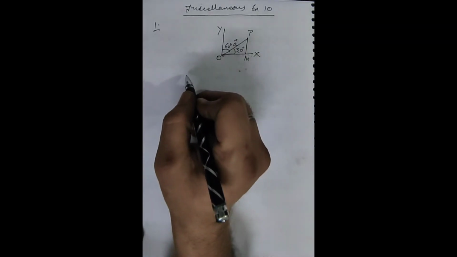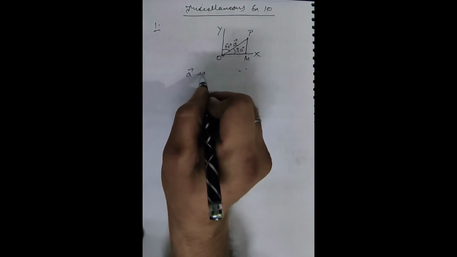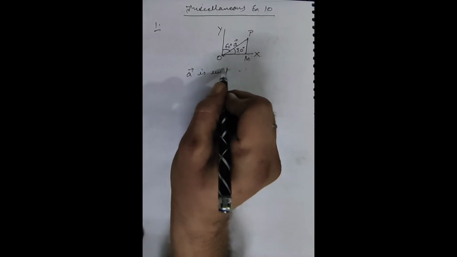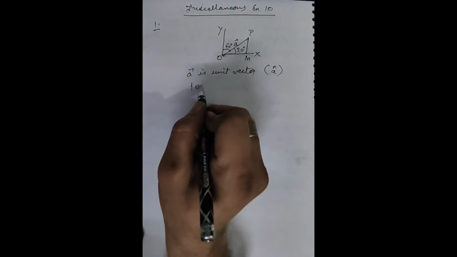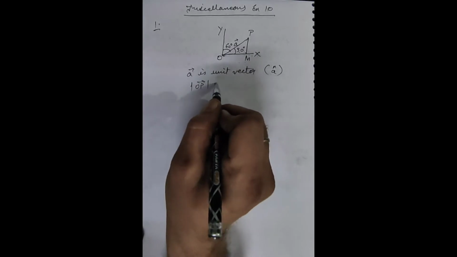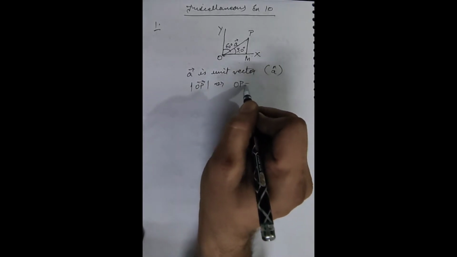This OM length is needed using this 30 degree and OP. But we are given that vector A is a unit vector, so better to take it as A cap. So its magnitude, the length OP, is 1.